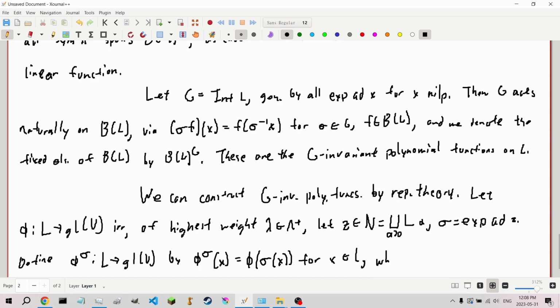Which you can check is, first off, check it actually is a morphism, and check that it is irreducible.